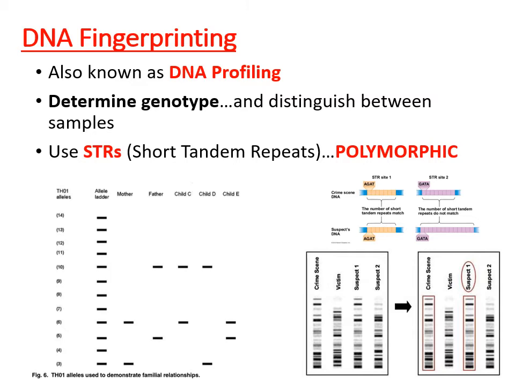So now you could look at that profile and say, okay, the person at the crime scene has 8 repeats at this STR. 8 times in a row, AGAT is repeated in their sequence for one of their alleles, one of the copies that they got from one of their parents. And if a person does not have 8 repeats in one of their alleles, then you just cancel that person out.